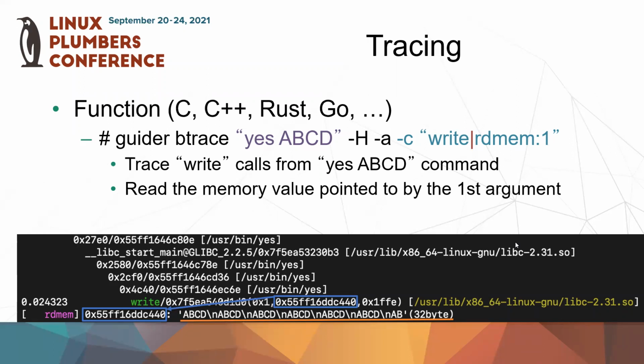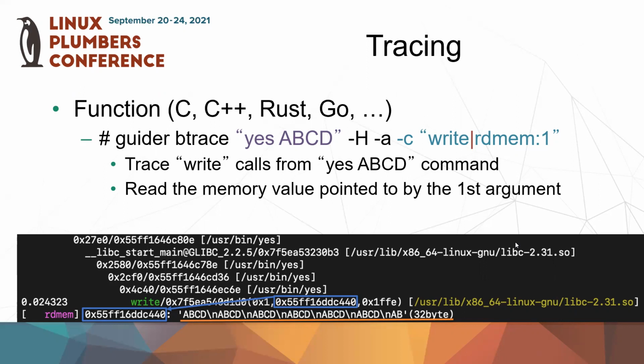And the print function is implemented inside the yes program using the write function in libc. Next, when the write function is called, print the memory value pointed to by the first argument with backtrace. Argument values start from 0th in Guider.